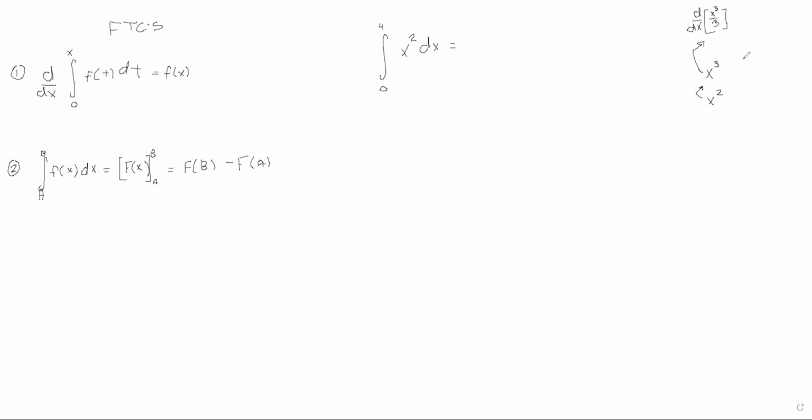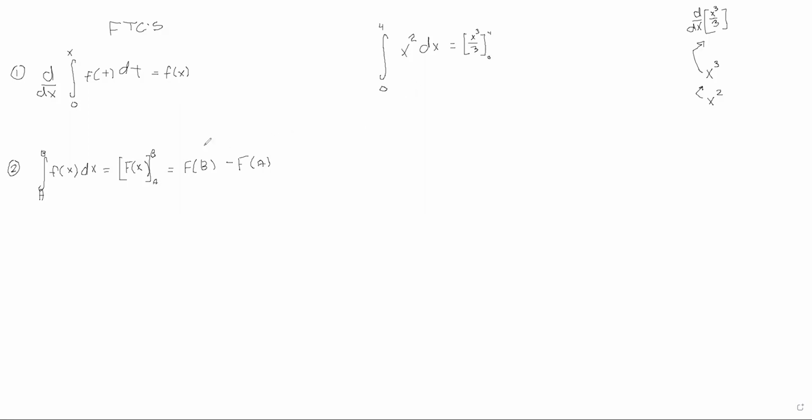So there you have it. That is the antiderivative of x squared. It's x cubed over 3. You absolutely have to take the antiderivative if you are evaluating this integral using non-numeric methods, if you're doing this longhand. So we have our lower bound and we have our upper bound.